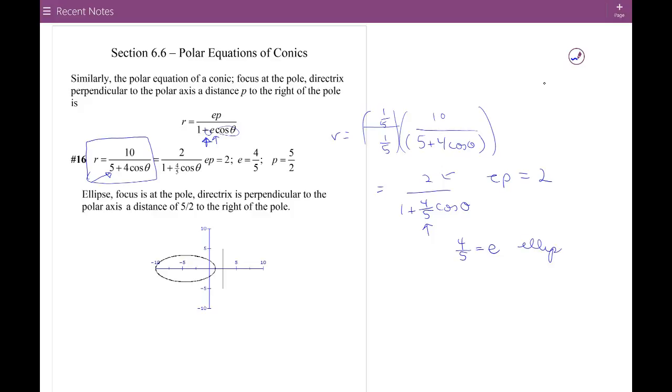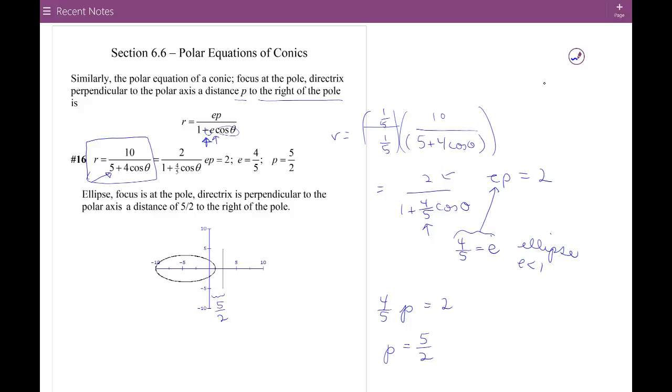So again, this is an ellipse because the e is smaller than 1. And then we're going to put e is 4/5 into this equation for ep to find the p. And p is going to be 5/2. Okay, so it's a distance p to the right of the pole, so 5/2, halfway to 5.